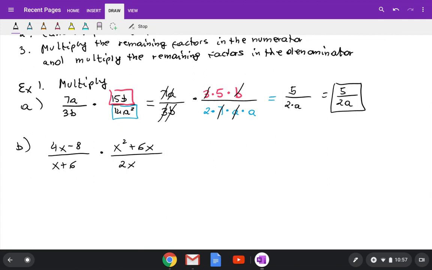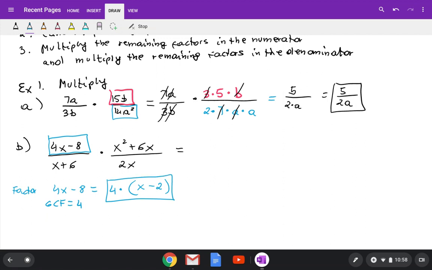So I'm going to start with 4x minus 8. Let's factor. Here you have a greatest common factor, which is 4. So we're going to factor out 4, and in the parentheses, we'll have x minus 2. So to not forget anything, I'm going to rewrite 4x minus 8 as 4 times x minus 2.